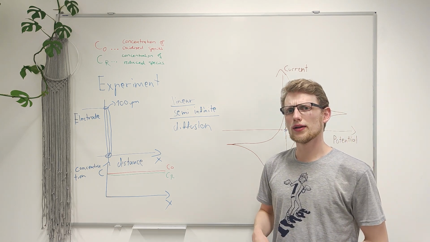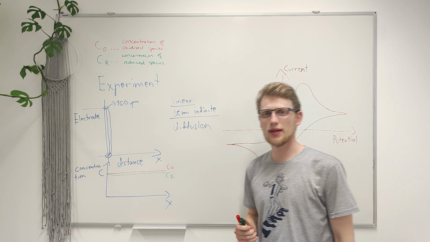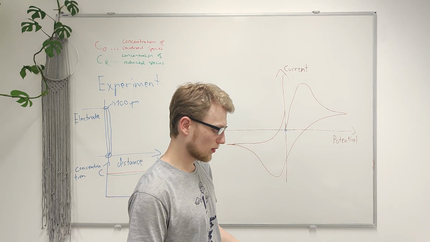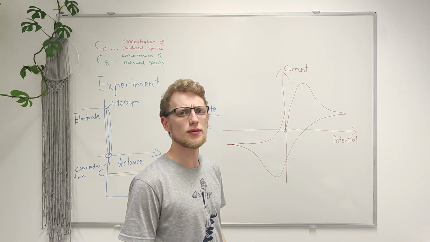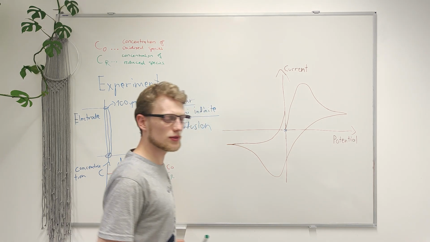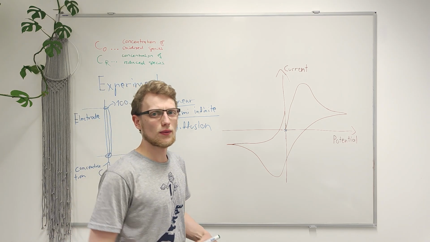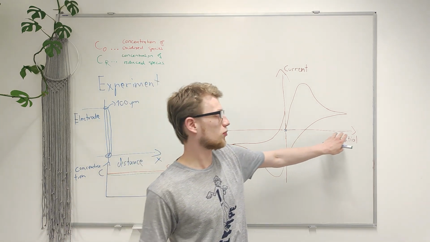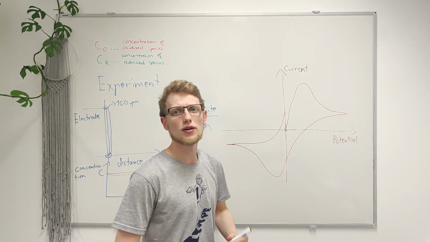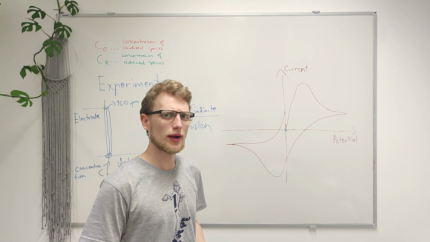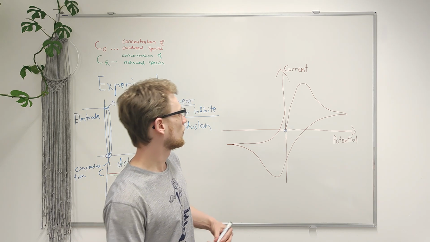Now, how does the concentration change when we measure the CV? So, for the sake of simplicity, we start looking just at the reduced species. And now we just start increasing the potential, therefore forcing the concentrations to change right in front of the electrode.